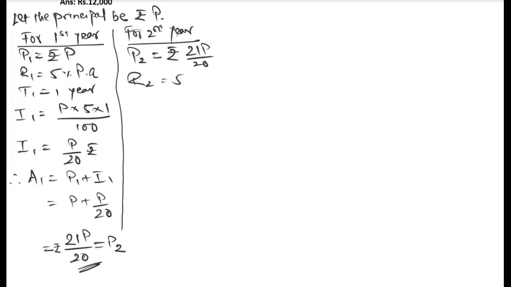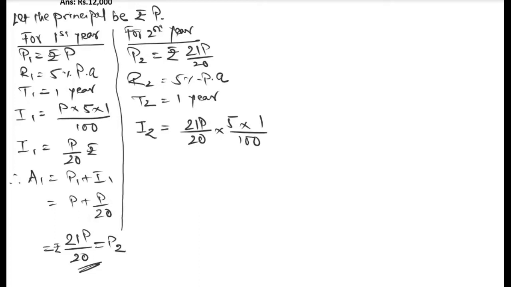R2 is equal to 5% per annum. T2 is equal to 1 year. Okay, for the second year, the interest I2 will be 21P by 20 into 5 into 1 upon 100, and this will be 21P by 400.